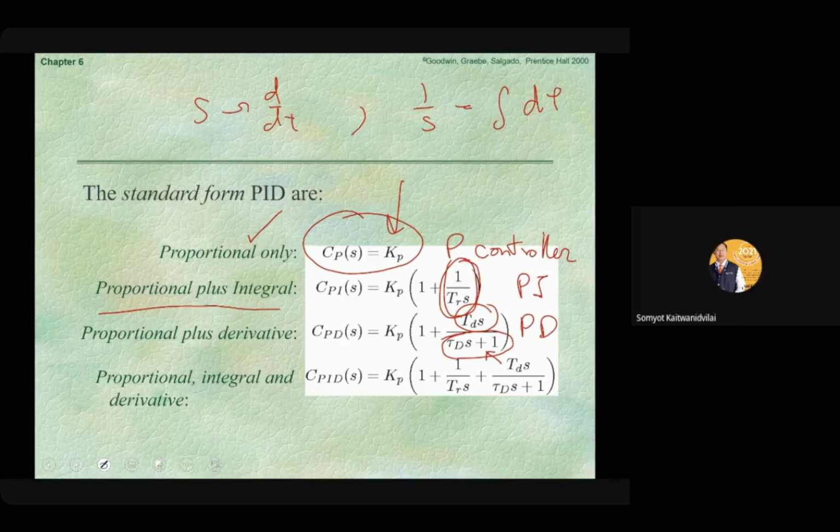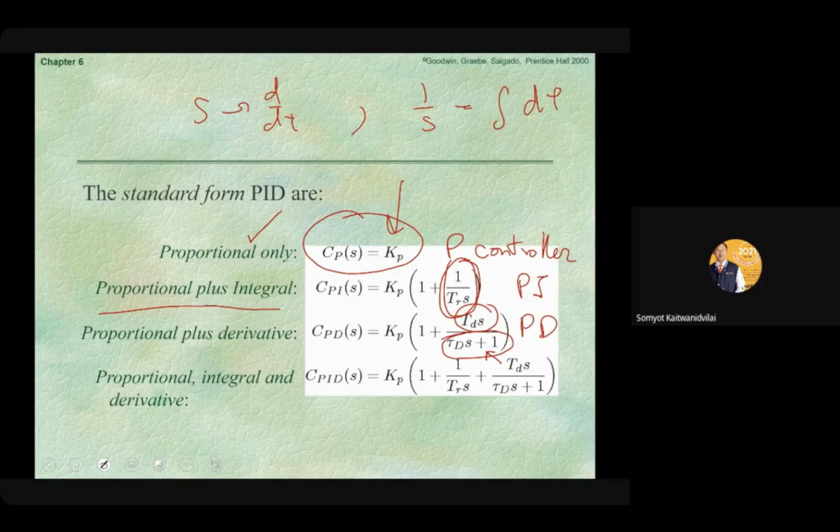In many cases PI is enough, in some cases PD is enough, and in some cases you use PID. But this form is also PID. There are many forms of PID, so I will talk about this later.